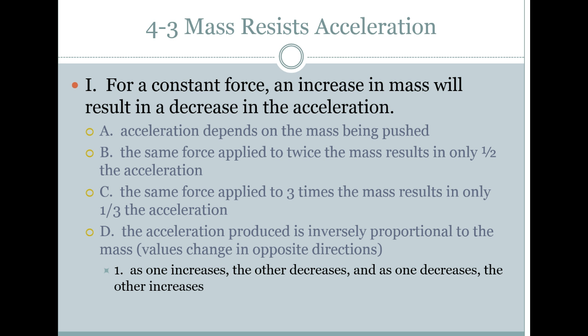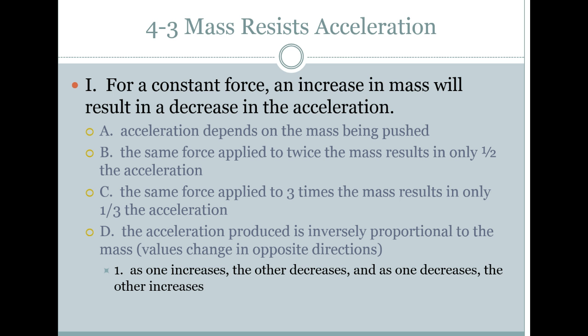The same force applied to twice as much mass results in only half the acceleration. For 3 times the mass, 1/3 the acceleration results. In other words, for a given force, the acceleration produced is inversely proportional to the mass.